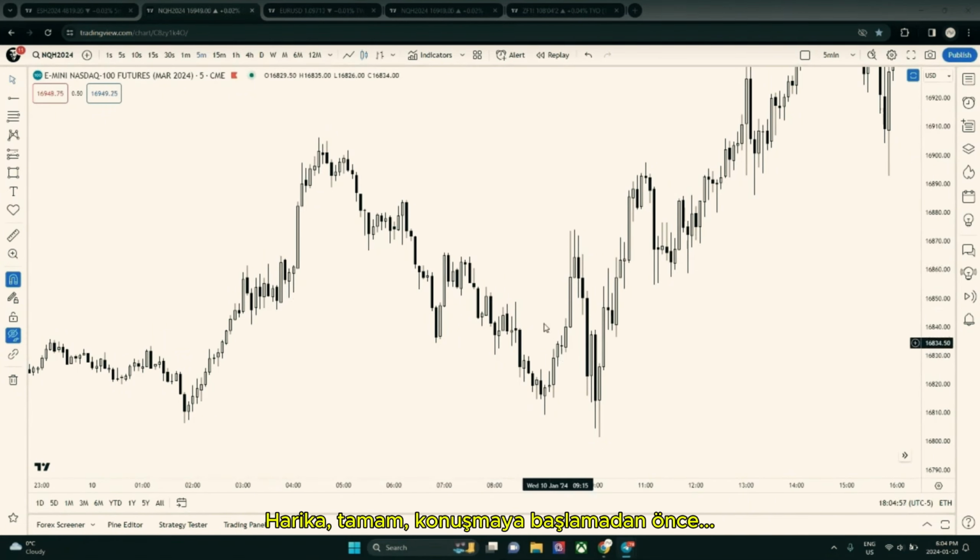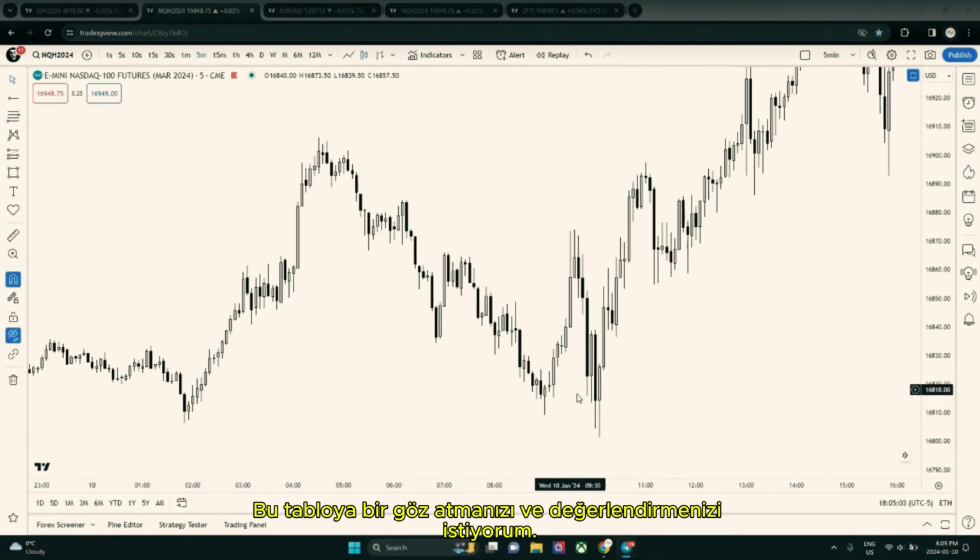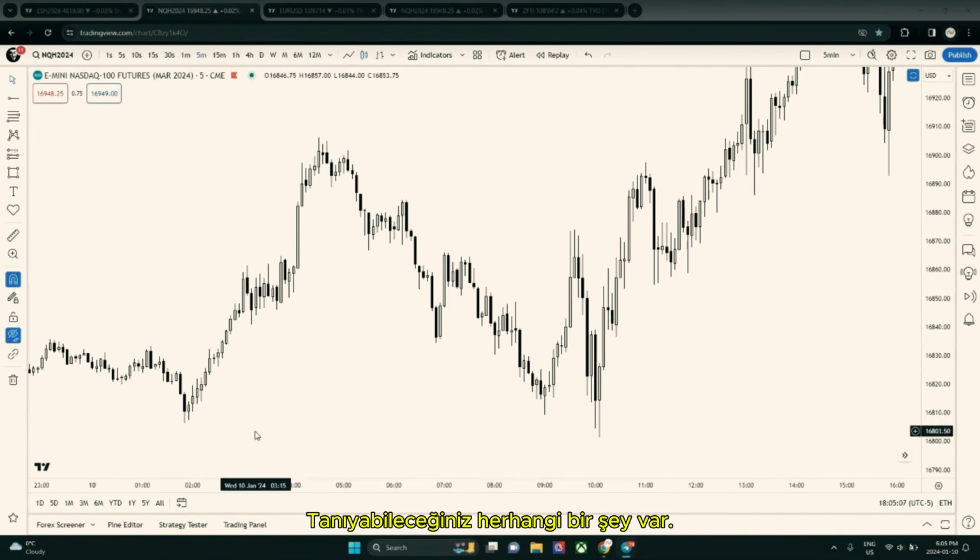Okay, so before I start to talk about the price action in this chart, I want you guys to look and see if there's anything that you can recognize. Anything in the fair value gaps, market structure shifts, liquidity grabs, liquidity purges, buy side liquidity, sell side liquidity.